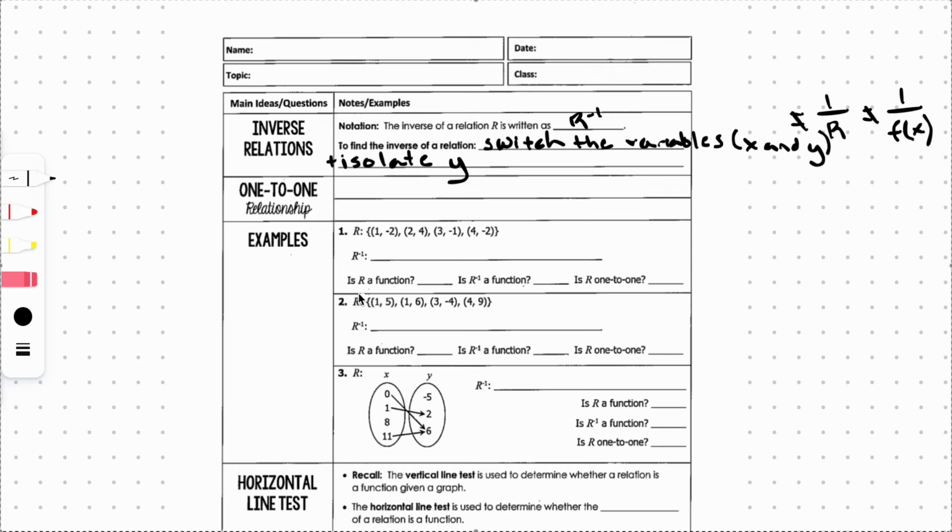So I'm going to write: no two inputs produce the same output. When I say inputs, that's most often referring to your x.